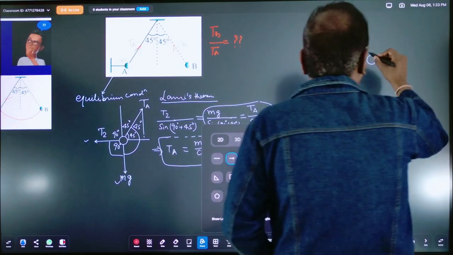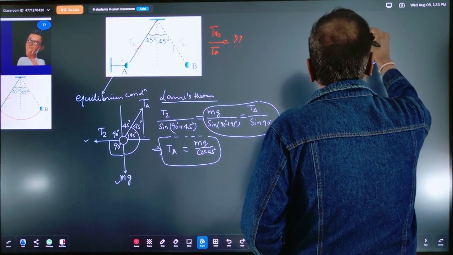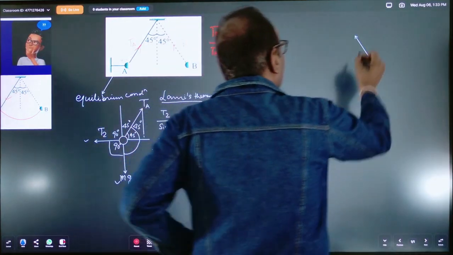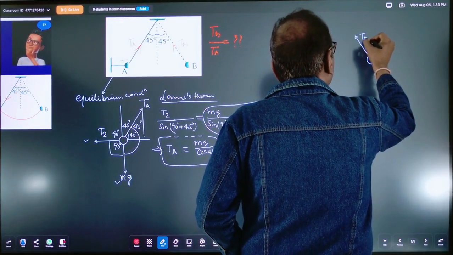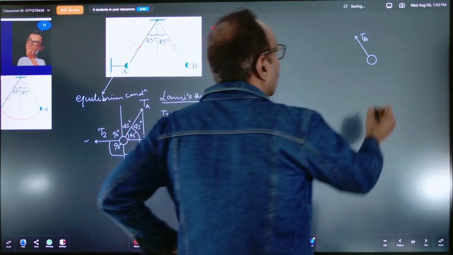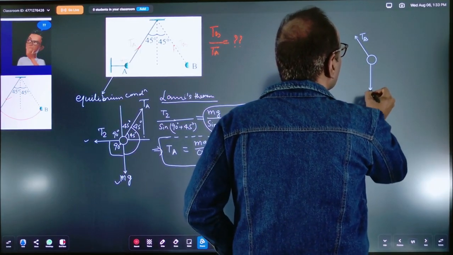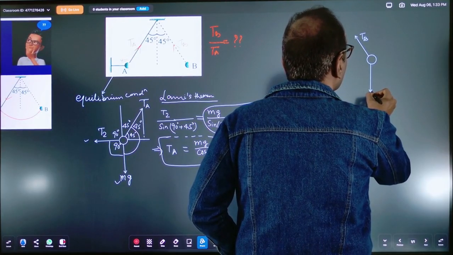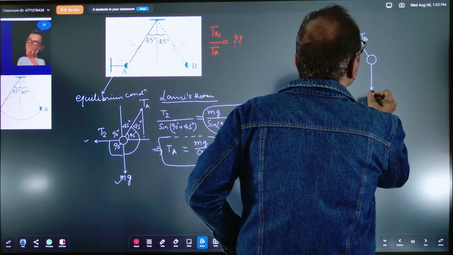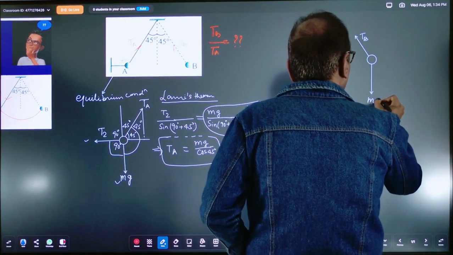The forces acting at this location B are the tension in the thread, that is T subscript B, and the force of gravity, that is mg.